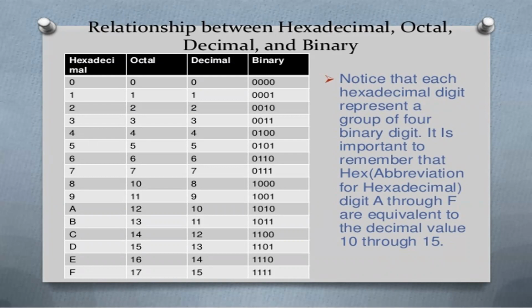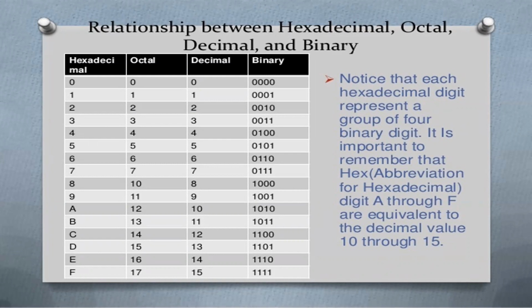Each digit is called a bit. 0 decimal is 0000, 4 bits. 1 bit is a binary number. Decimal 1 is 0001. Decimal 2 is 0010. Decimal 3 is 0011.